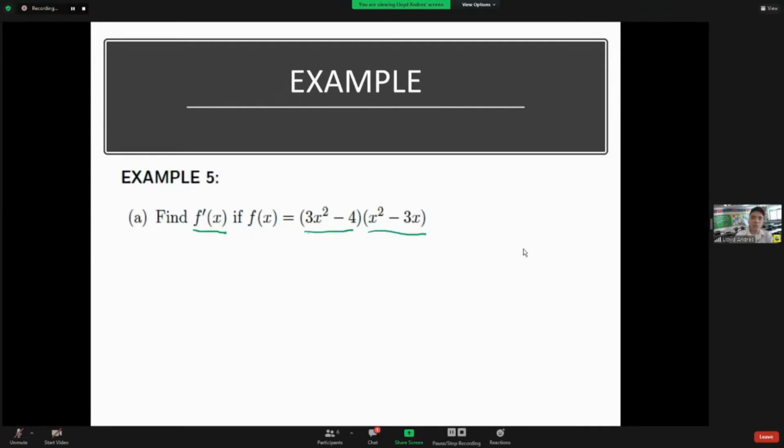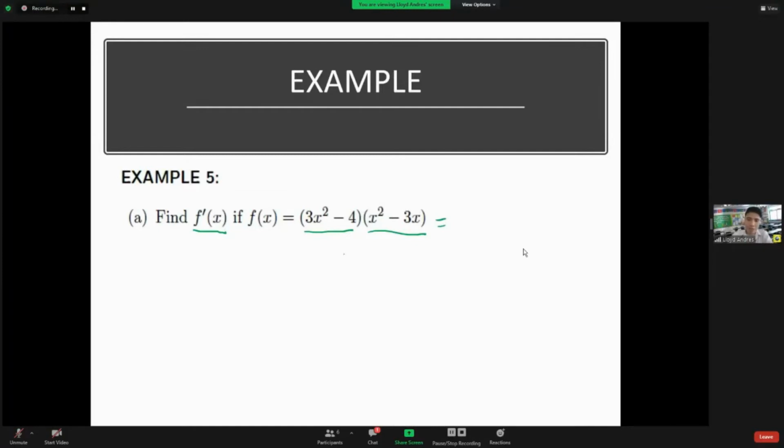Actually, two ways ni siya. Pwede nimo i-simplify sa ni una, then apply ka og sum rule. Or pwede ka diretso mag product rule. Okay, atong i-discuss ang duha.